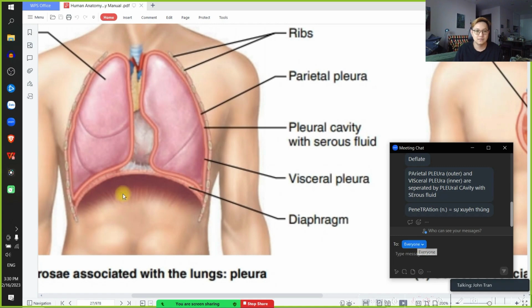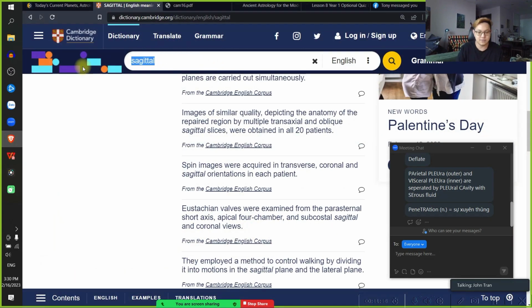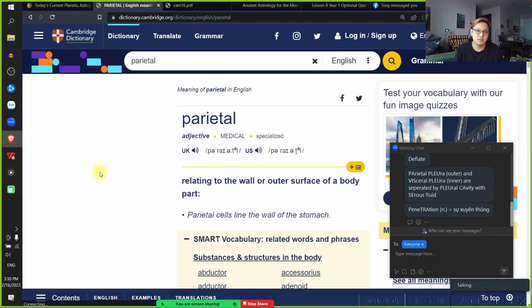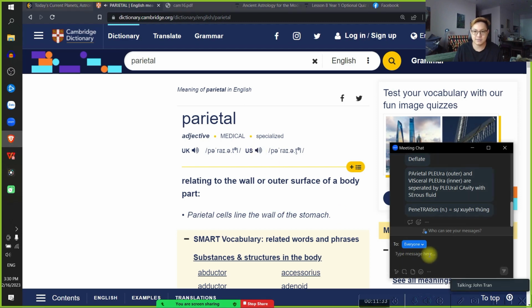Anyway, let's look at these words. Where do they come from? Parietal means relating to the wall or outer surface of a body part.